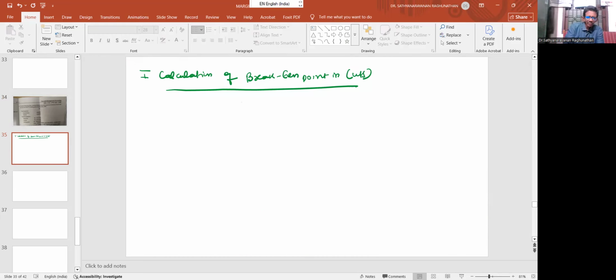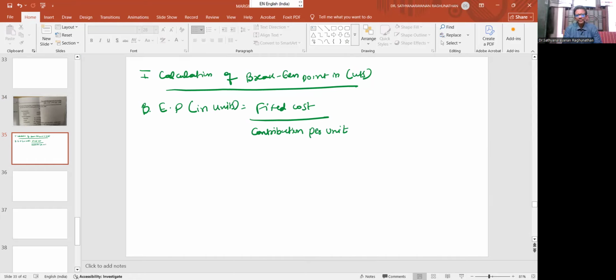Break-even point in units, BEP in units, is fixed cost divided by contribution per unit. Fixed cost divided by contribution per unit.